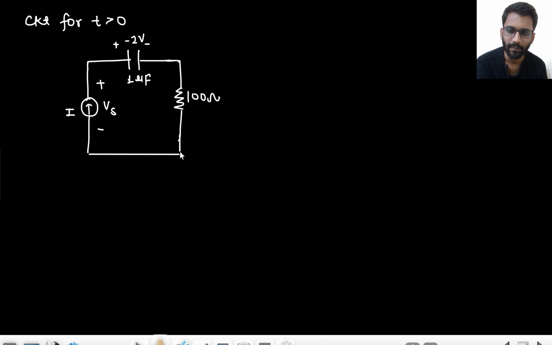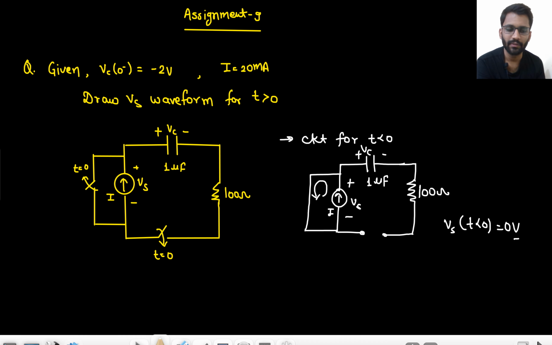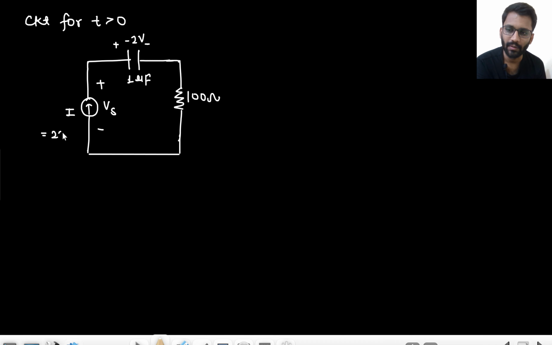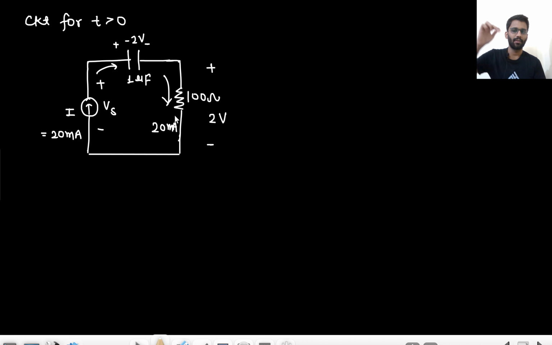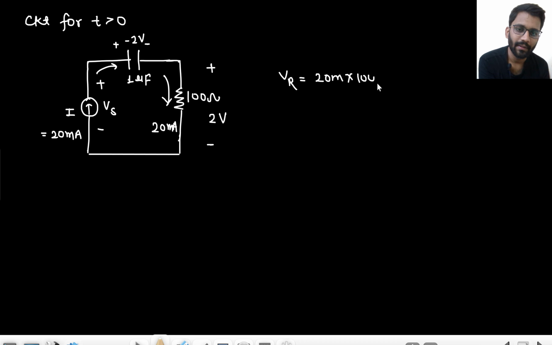The current value is 20 milliampere. The same current flows through the capacitor and through the resistor. So this 20 milliampere will always flow through this resistor, and there will always be a voltage drop of VR equals 20 milli into 100, that means 2 volt.